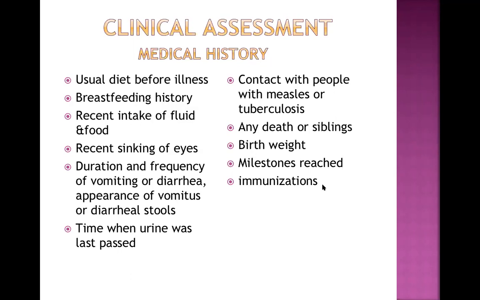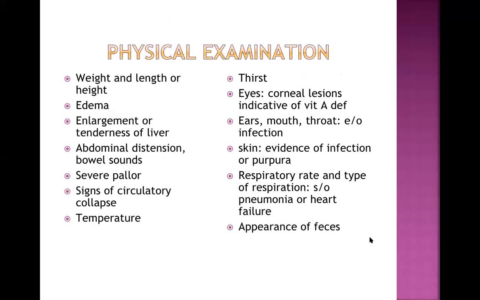And if she is quite confident, yes, doctor, I took my baby in time to the healthcare center for vaccination, no problem, we can ask: can you show me that record? If she is carrying that record, we can quickly see. So immunization history is also important. These are all important medical history. Let's move on. Now, what about the physical examination?